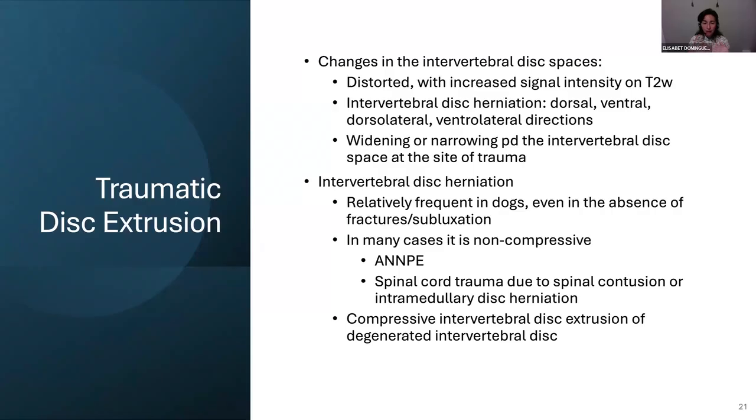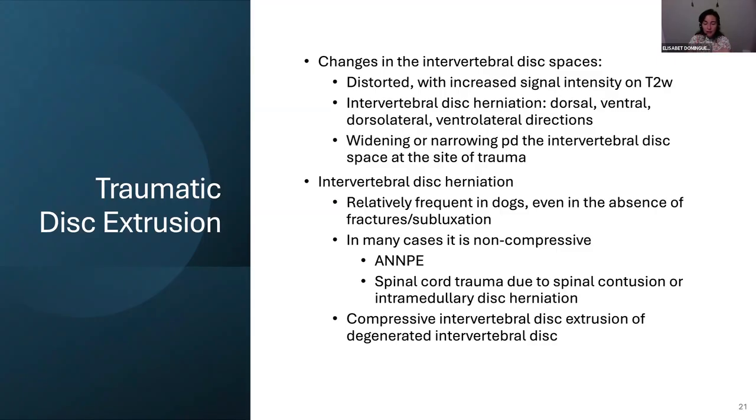In many cases, when we have a traumatic intervertebral disc herniation, the most common ones are acute non-compressive nucleus pulposus extrusion. So discs that were normal, but because of the trauma, there was an acute extrusion of the nucleus pulposus with secondary spinal cord contusion.